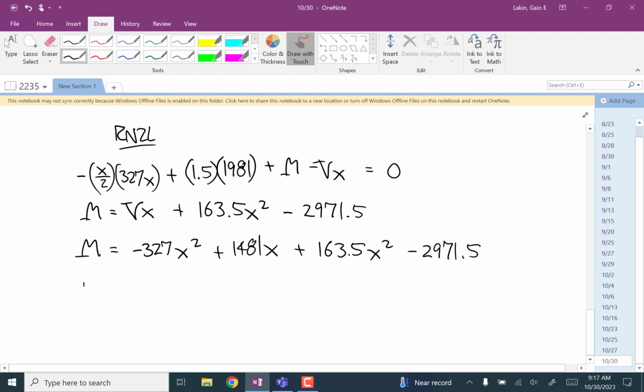We have two x squared terms, and so they come out to be negative 163.5x squared plus 1481x minus 2971.5.